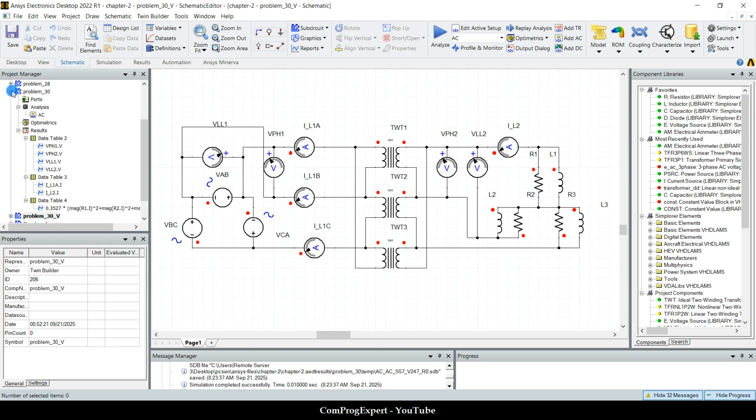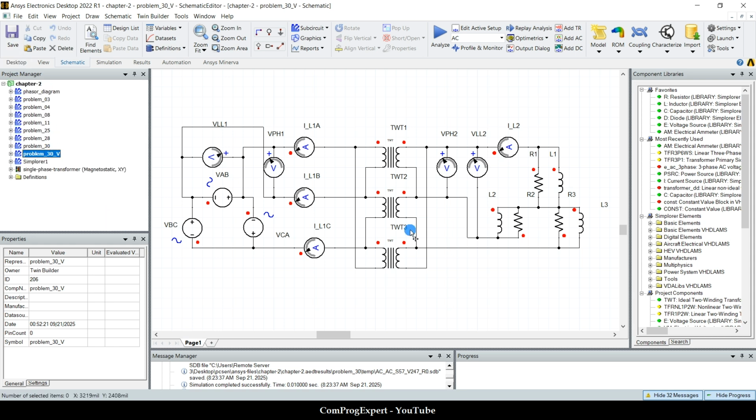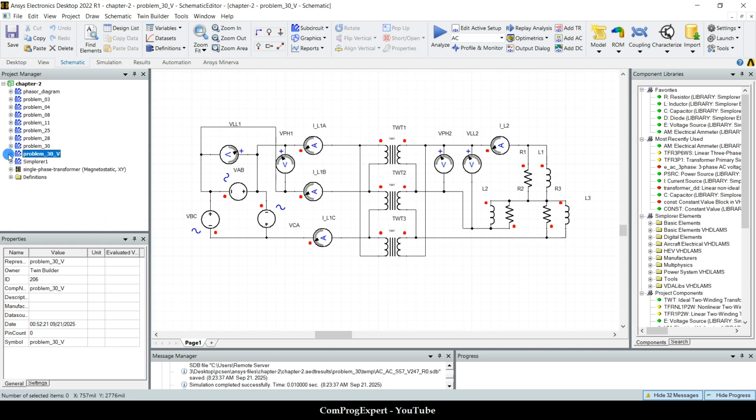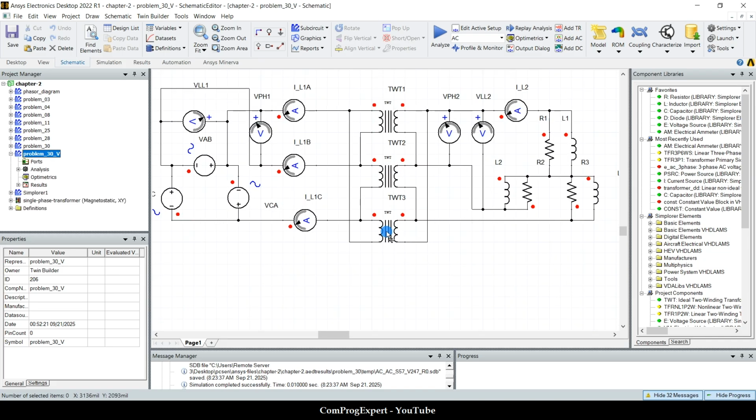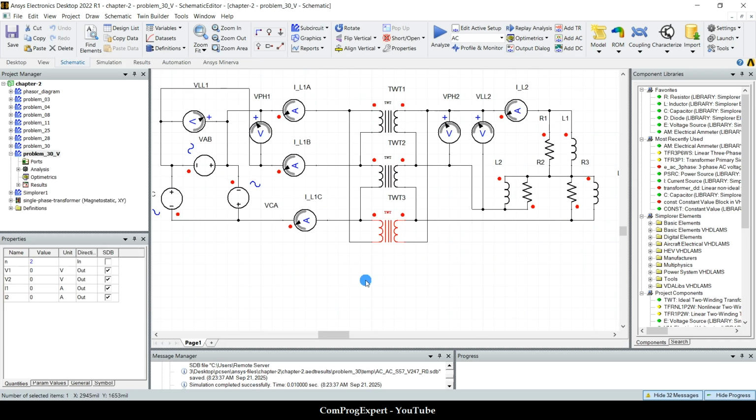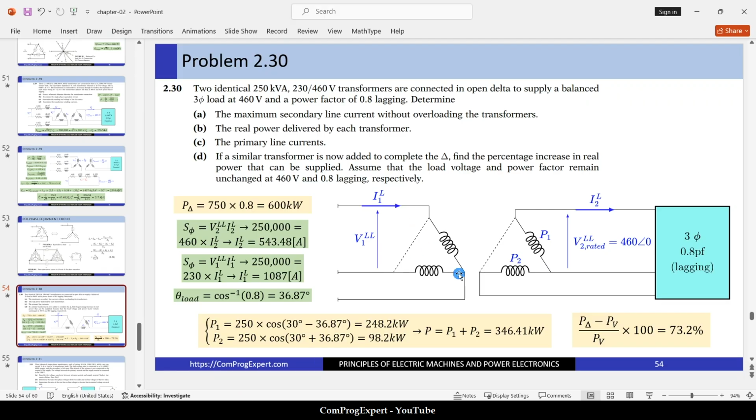In this case, we should delete one transformer. Okay, so let's delete this one. If I delete this transformer, we have this V connection for the primary and secondary.